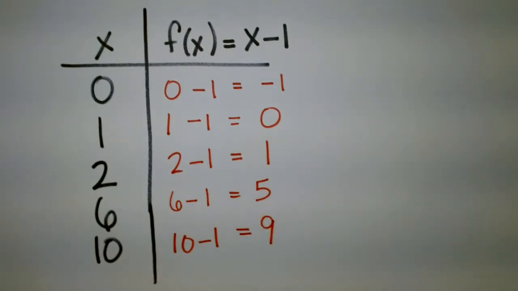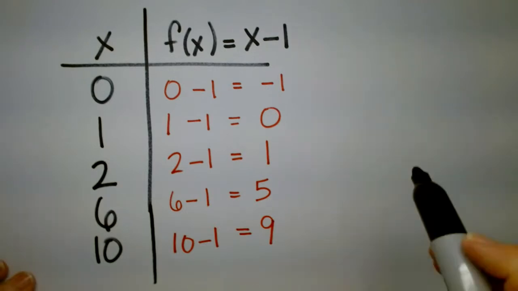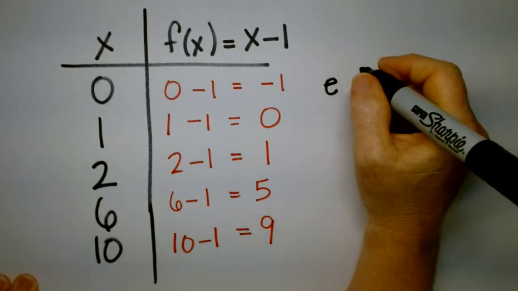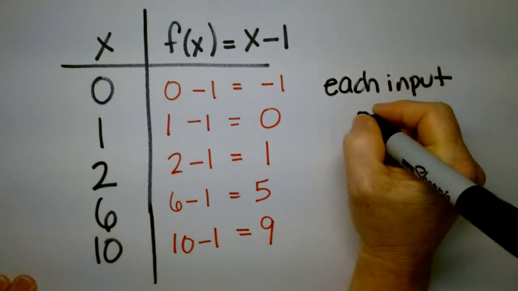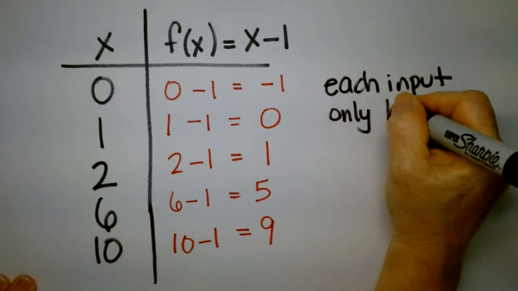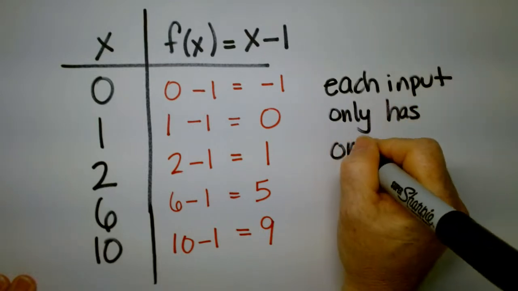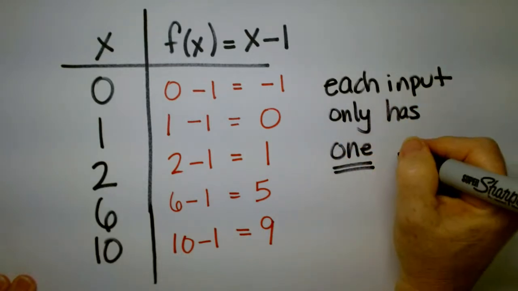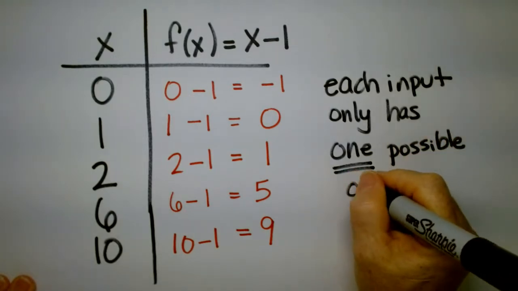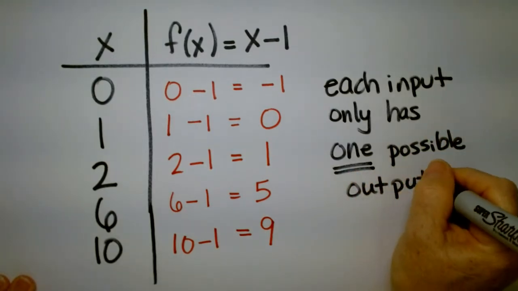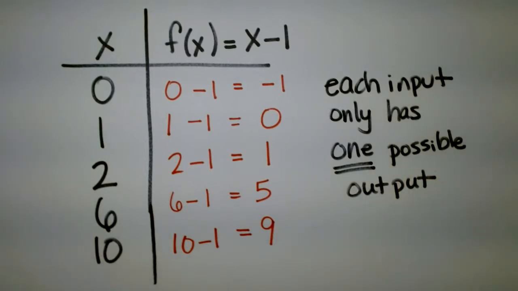Okay, so all I want you to get is that, and even write this in your notes. Each input only has one possible output. Okay?